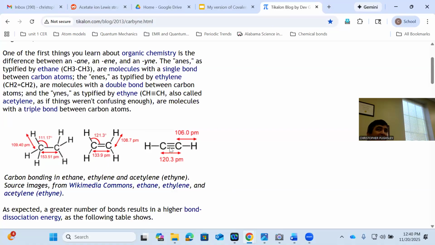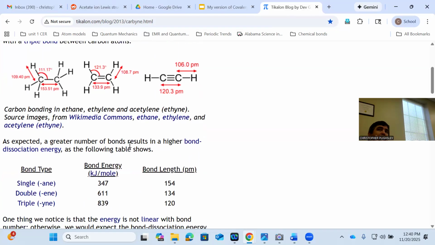Then this is acetylene. If you recognize, they're all carbon-carbon bonds, but the shortest is the last one, at 120.3 picometers. If you remember, a picometer is 10 to the negative 12 meters. So they're extremely small, but it's still the smallest.